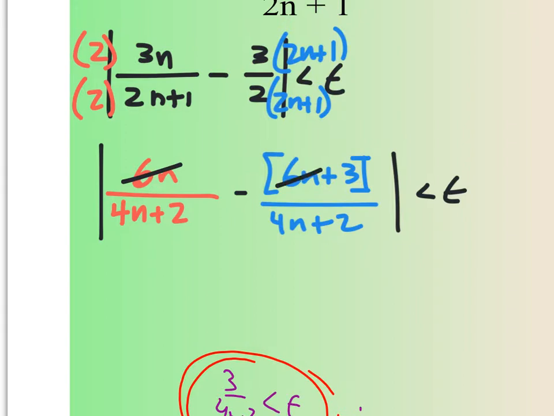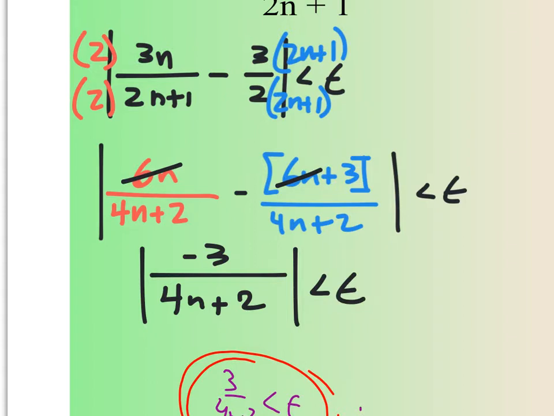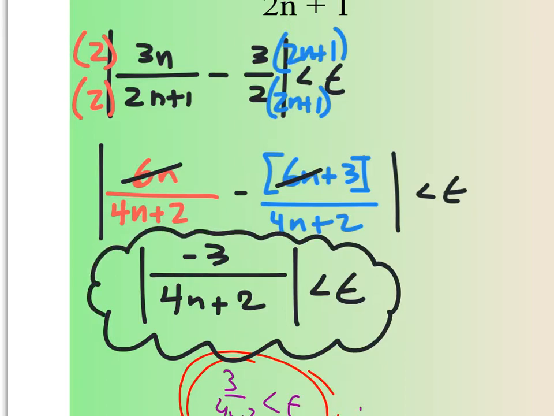And what you'll get is negative 3 over 4n plus 2, common denominator, is less than epsilon. Okay, so at that point, I've shown that there is a relationship between n and epsilon. So step 1 would be complete.